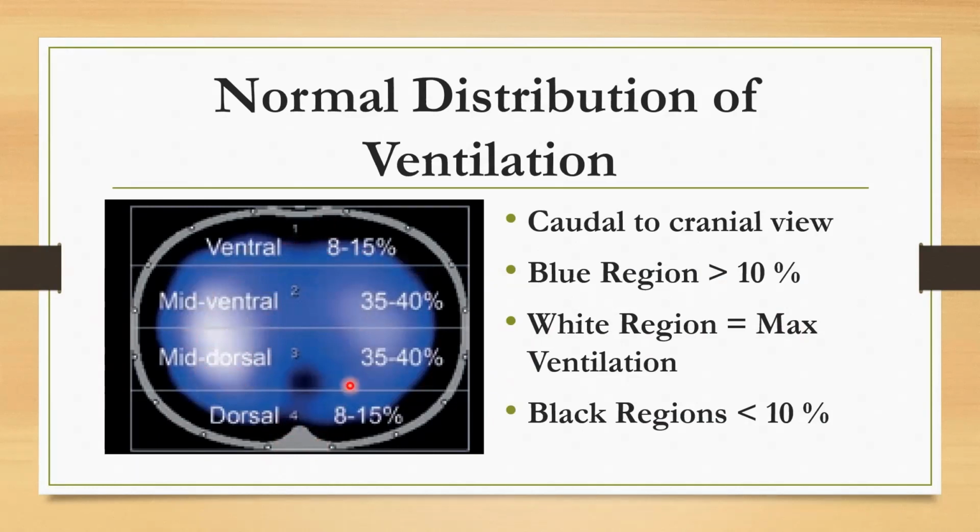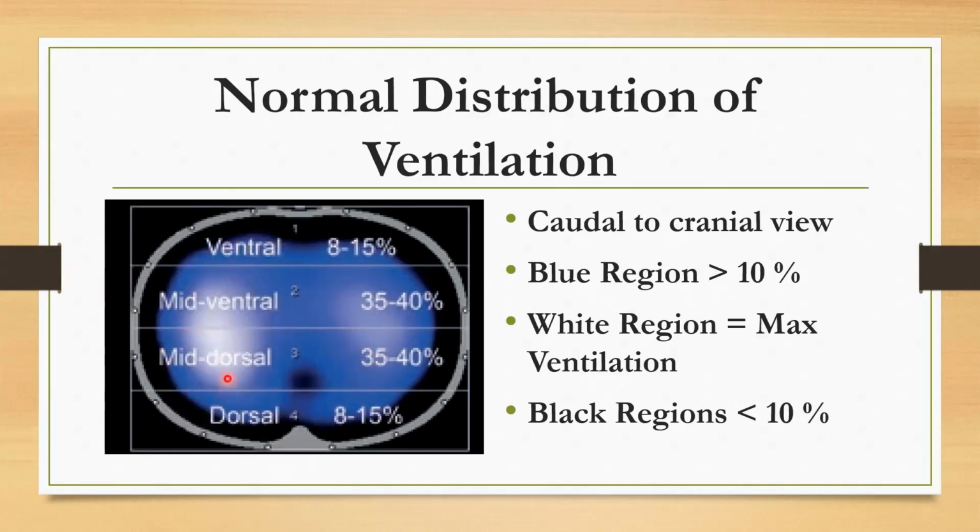The aeration, when there's 10% of the volume being distributed to that area, it'll start appearing as blue. So this blue area all here is the aerated lung. Where there's the majority of ventilation, it shows up here as white. Within the distribution of ventilation, you're going to see white appear, and that helps us show evenness of distribution.